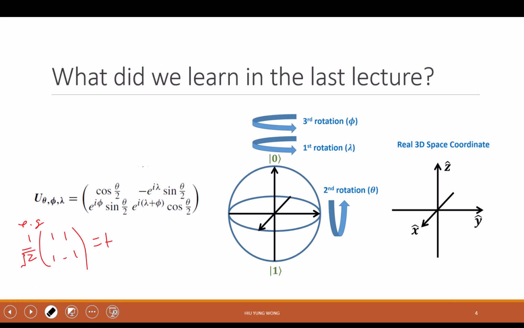And if you map it to the theta and phi here and lambda here, in order to achieve this Hadamard gate, which is just a rotation inside the C2 space, for any vector, it is equivalent to, first rotating in real space by lambda, then about the y-axis by theta, and then about the z-axis by phi.